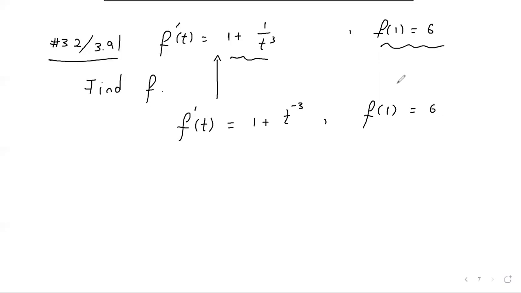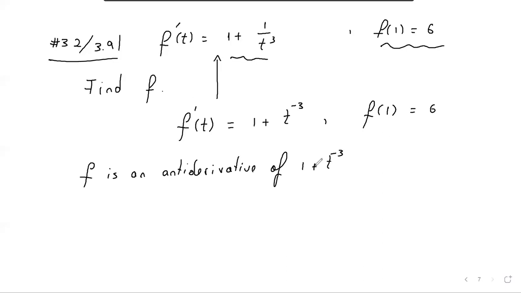The function that I'm looking for, f, is an antiderivative by definition, right? The definition is that if the derivative is 1 plus t to the negative 3, this is an antiderivative of 1 plus t to the negative 3.